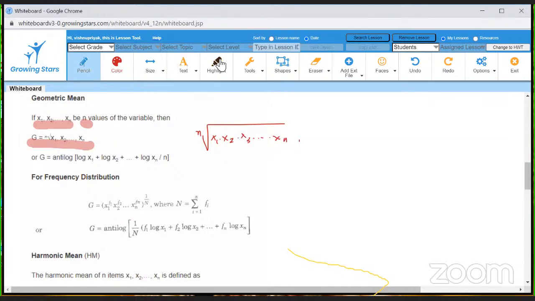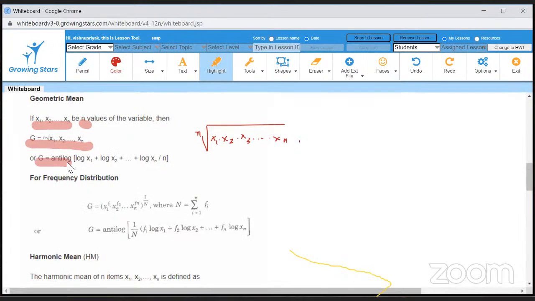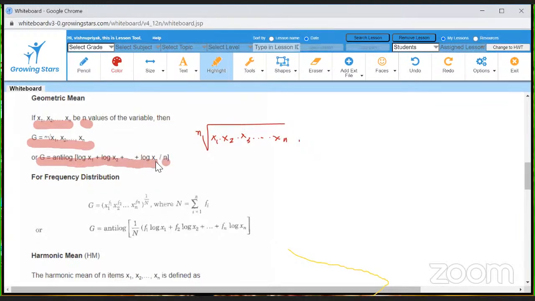Or another way of finding geometric mean is taking anti-logarithm of log of x1 plus log of x2 up to log of xn, by n.